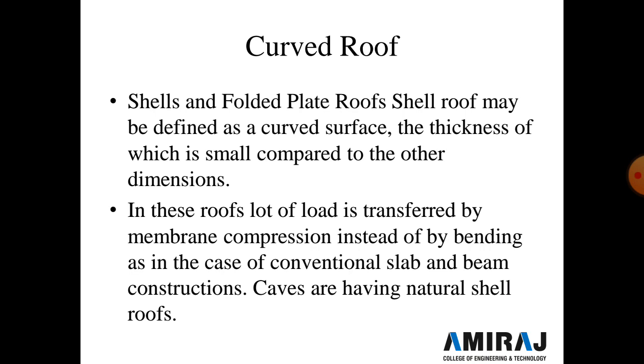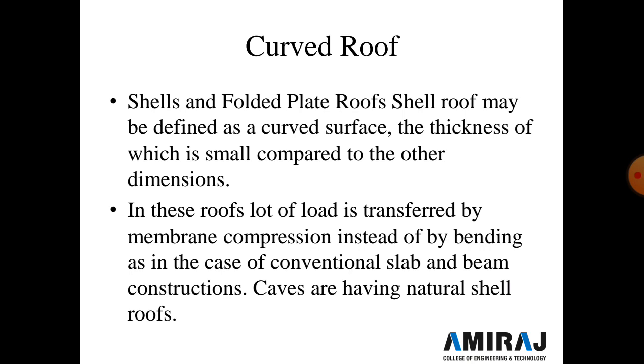Now the next type of roof is the curved roof. A shell roof or folded plate roof may be defined as a curved surface, the thickness of which is small compared to the other dimensions.